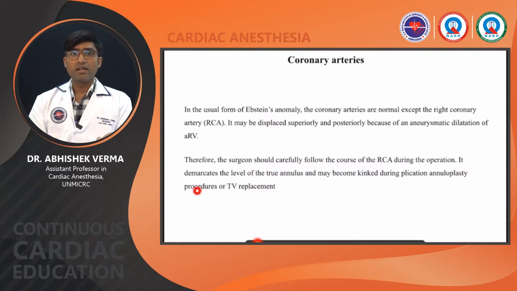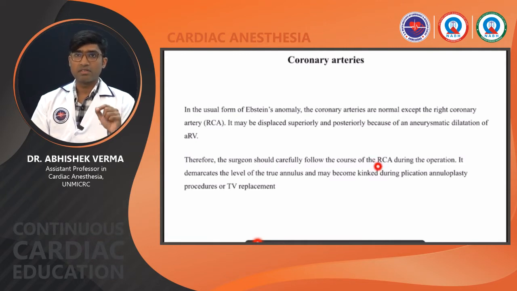It demarcates the level of the true annulus and may become kinked during the plication annuloplasty procedure or tricuspid valve replacement. So during surgery we plicate the atrialized portion of the right ventricle, and during plication that RCA may be damaged.